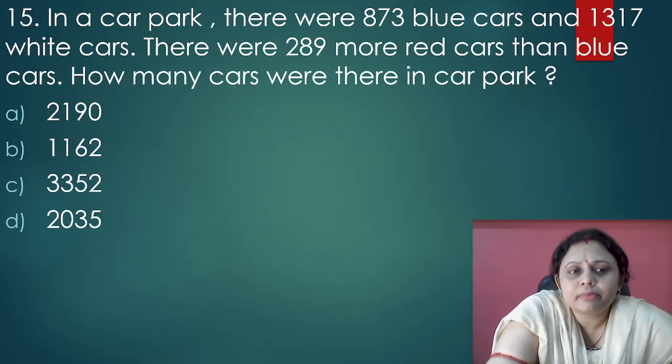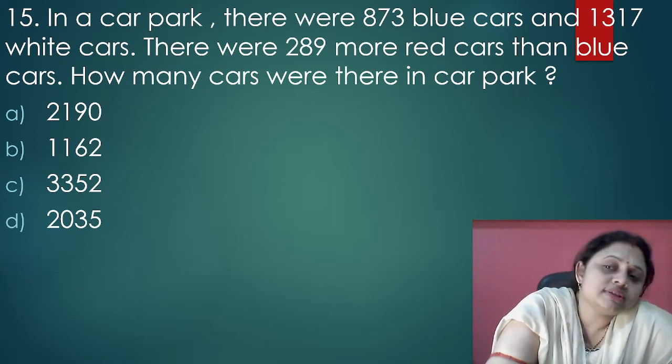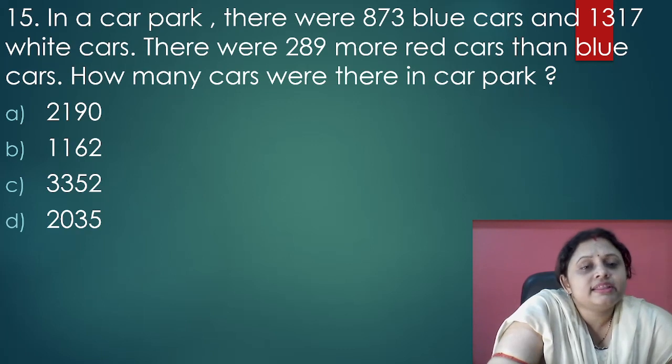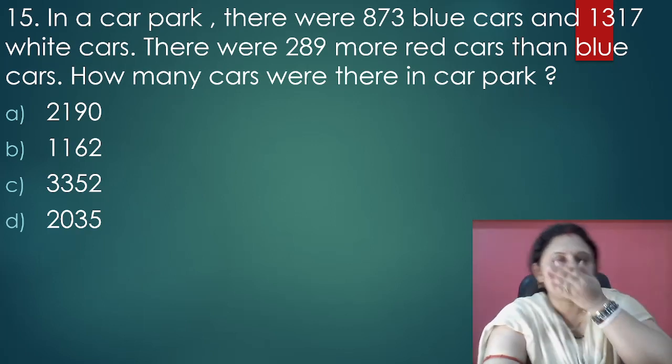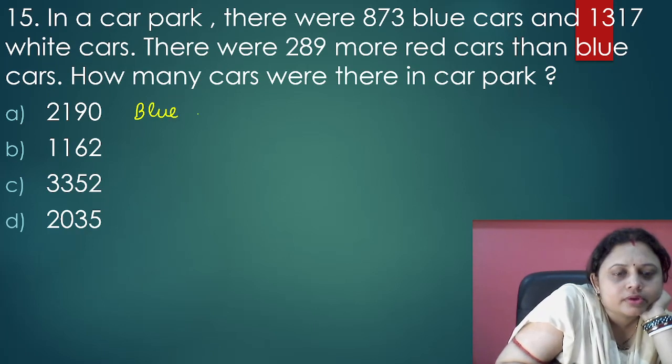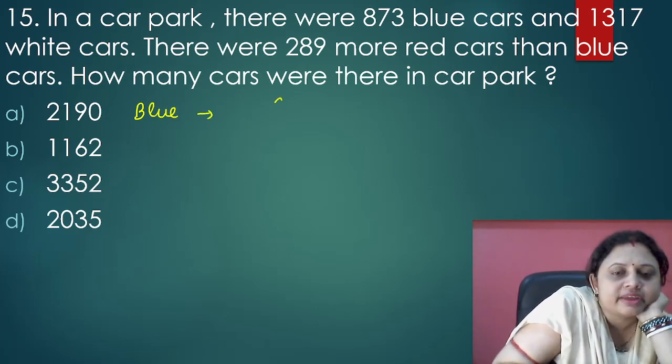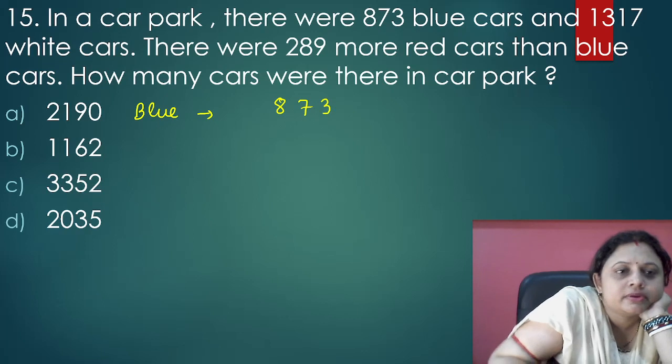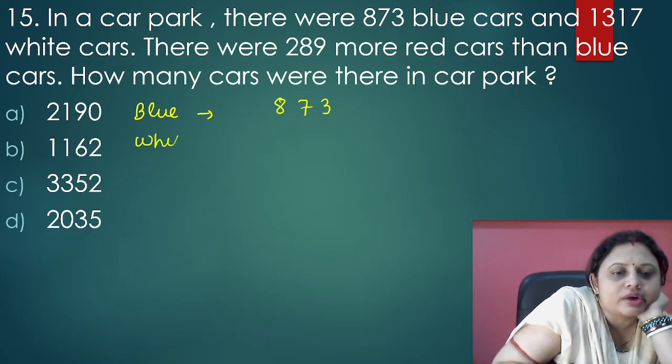In a car park, there were 873 blue cars and 1317 white cars. There were 289 more red cars than blue cars. So, how many cars were in the car park? So, number of blue cars, how much? 873. How many white cars?